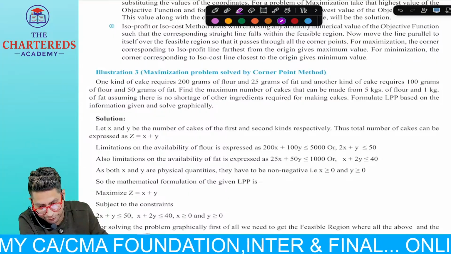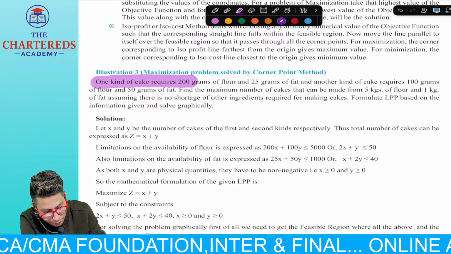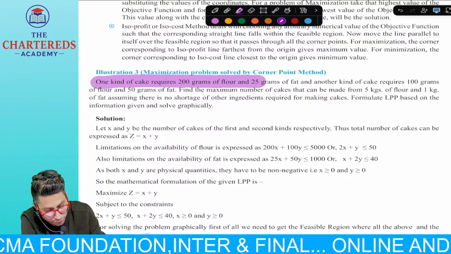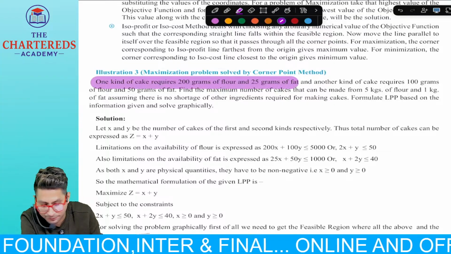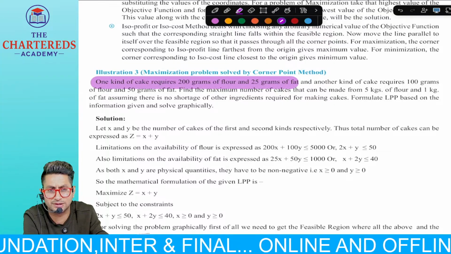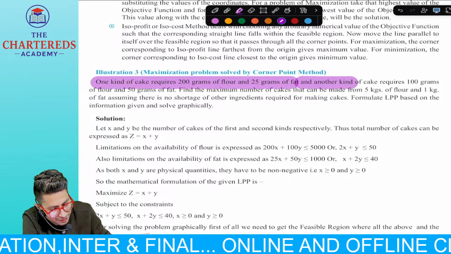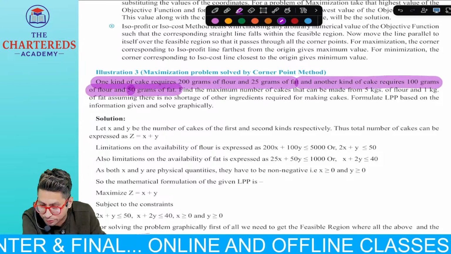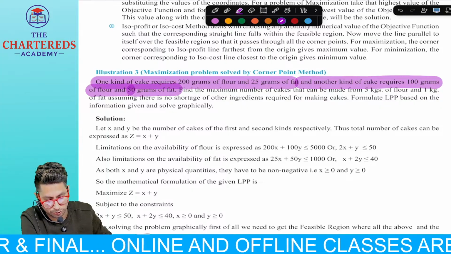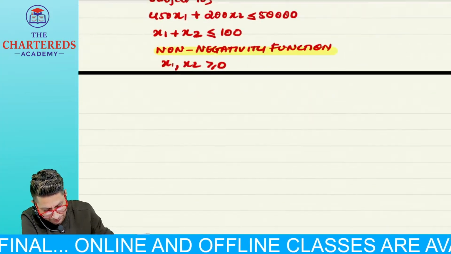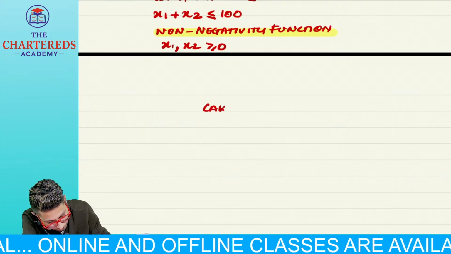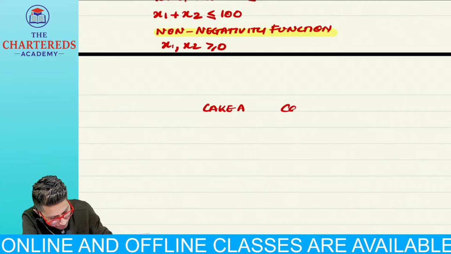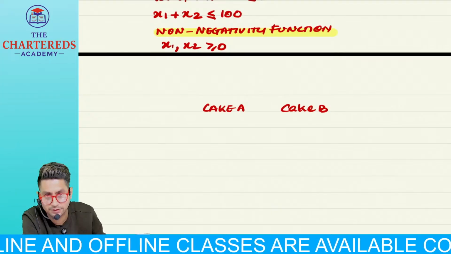Now listen very carefully. One kind of cake requires 200 grams of flour and 25 grams of fat. Fat means butter, ghee and all. And another kind of cake requires 100 grams of flour and 50 grams of fat. So two cakes I will assume, cake A, cake B. Correct?